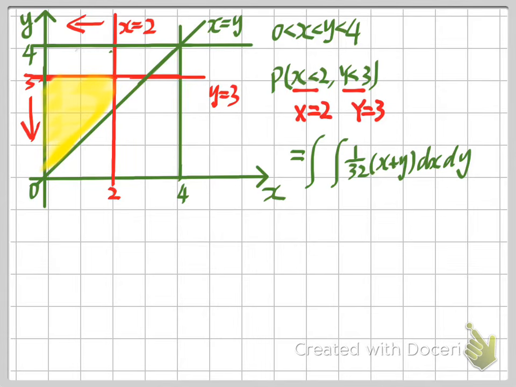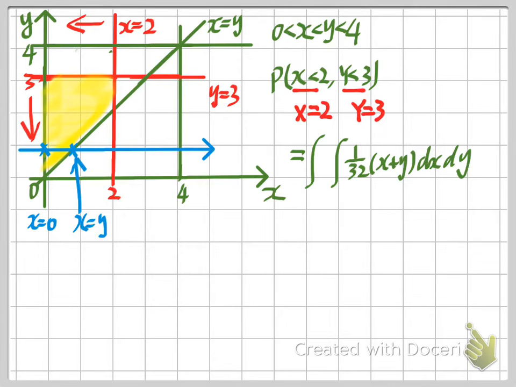So if we draw a line parallel to x and put this line here, for example this one, the first thing it will touch is again the y-axis. So this is x equals 0. And the next thing it will touch, the right endpoint or intersection, is x equals y.